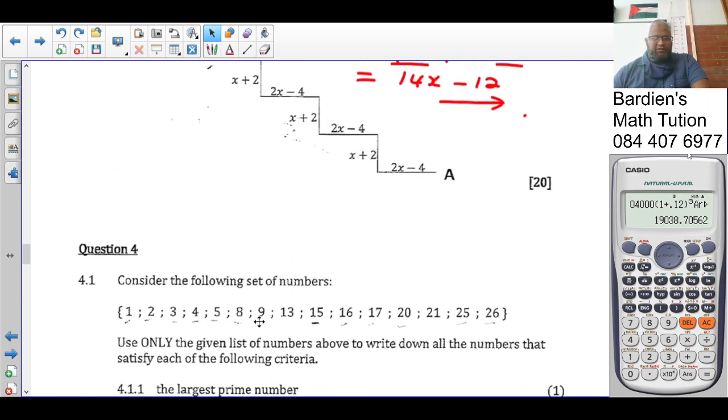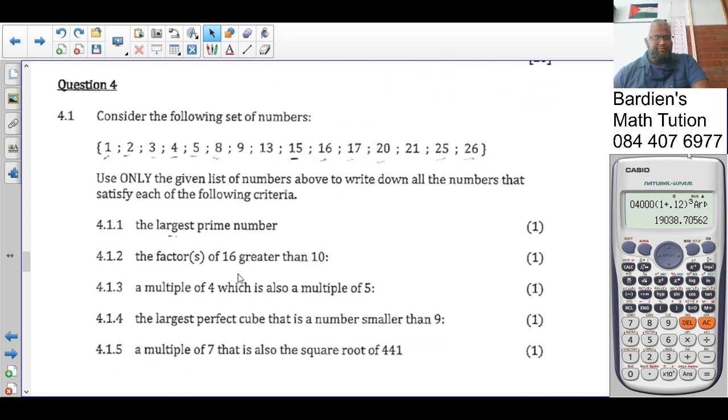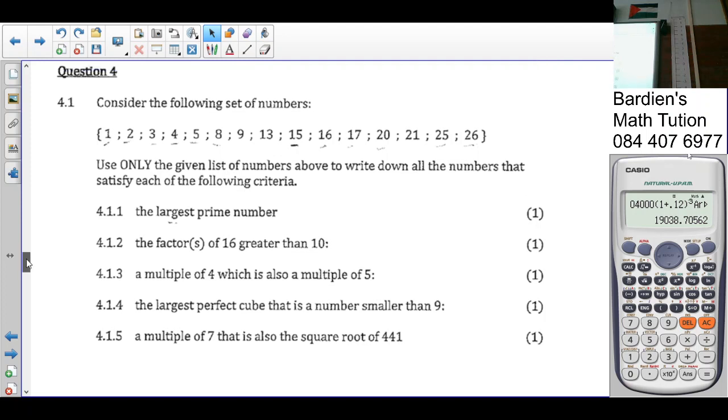For question 4, we are told, consider the following set of numbers. So you got 1, 2, 3, 4, 5, there's no 7, there's 8, 9, 13, 15, 16, 17, 20, 21, 25 and 26.